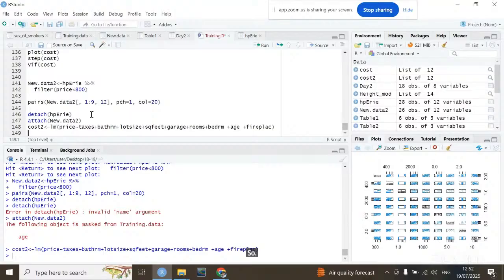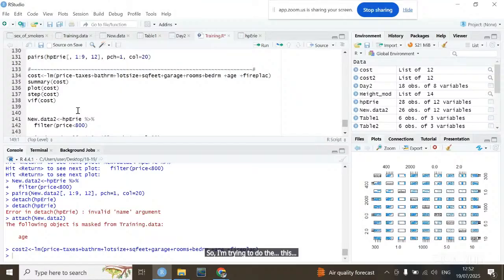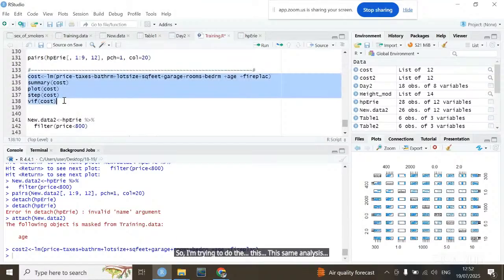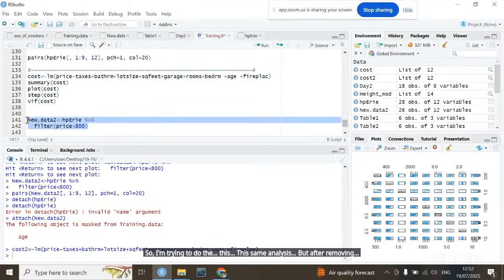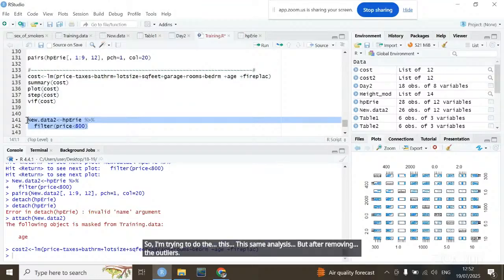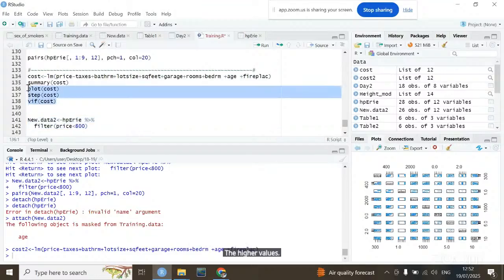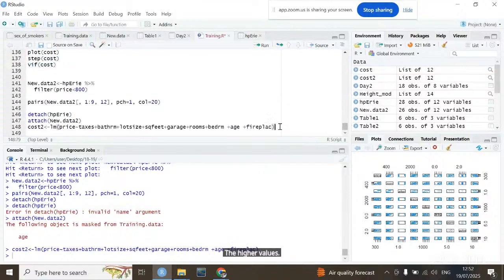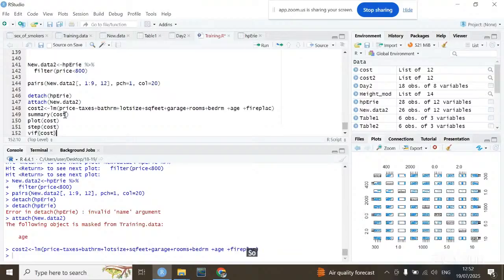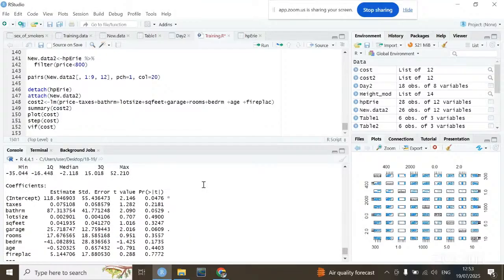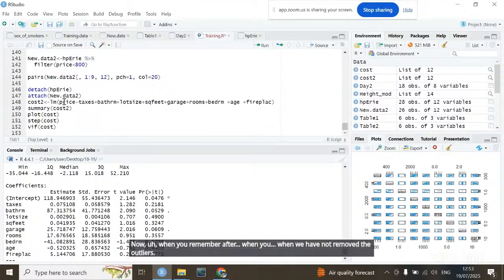I'm trying to do this same analysis, but after removing the outliers, the higher values. Now, remember when we had not removed the outliers, the intercept was not significant.